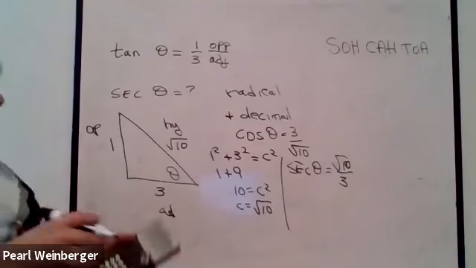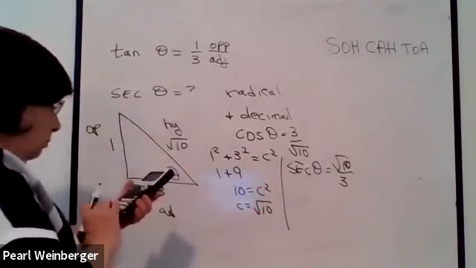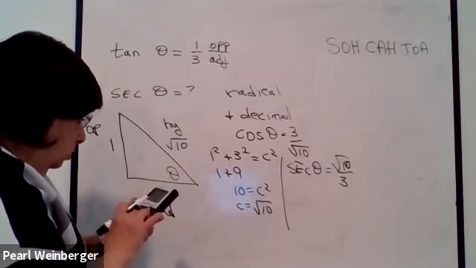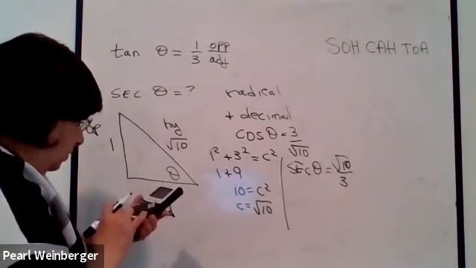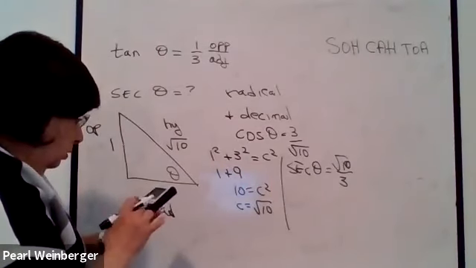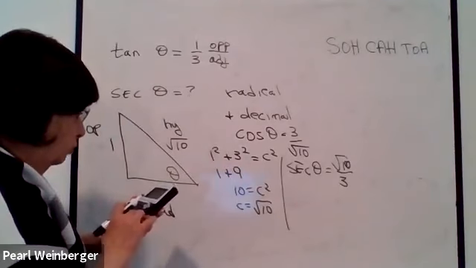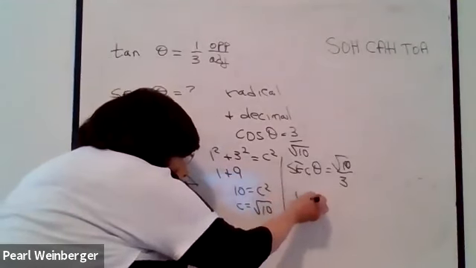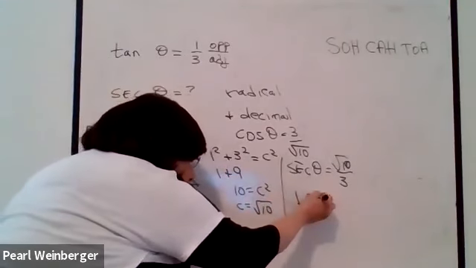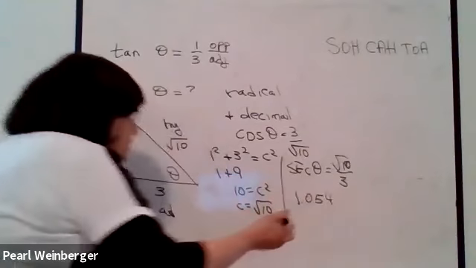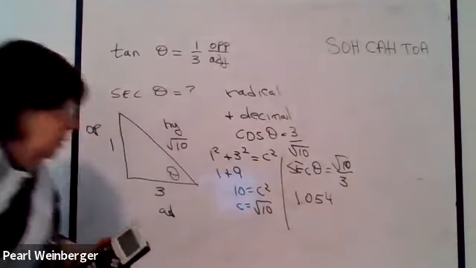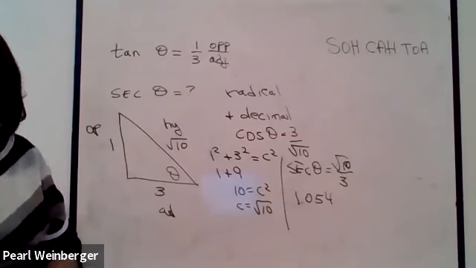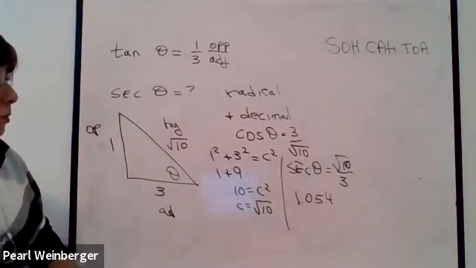If I want the answer in decimal form, well, that's when I go to my calculator and I do the square root of 10 and I divide that by 3 and I got 1.054 to the nearest 3 decimal places, the nearest 1,000. So that's how you would do that example.